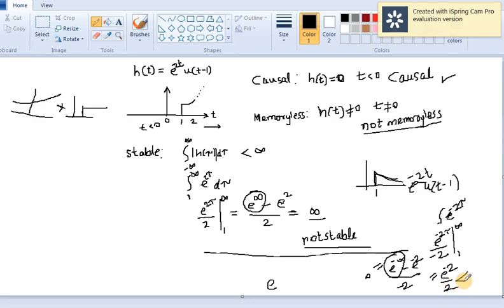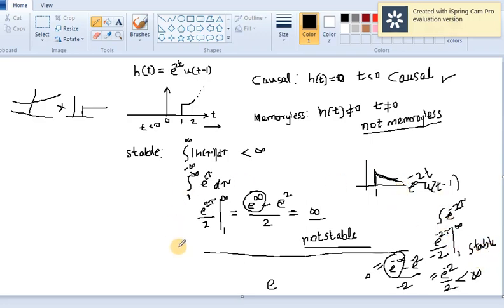And certainly this is less than infinity, and in that case the system would be stable. So what I mean to say is, if the exponential is increasing, the system becomes unstable, and if the exponential is decreasing, the system becomes stable.